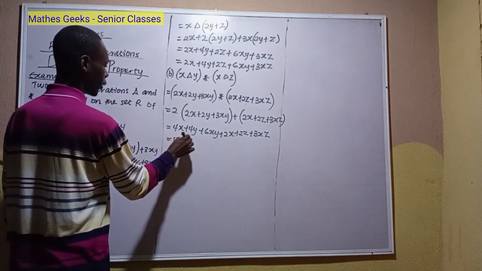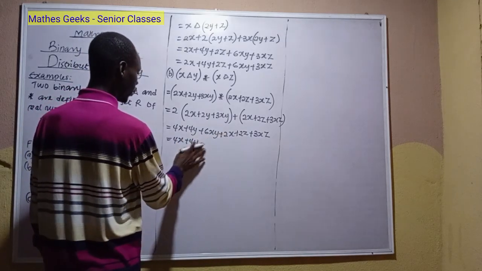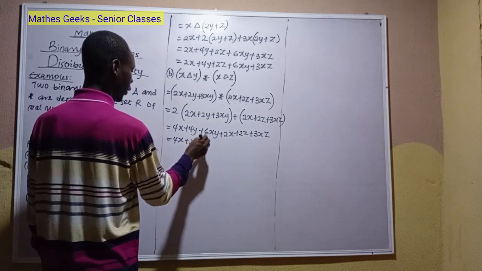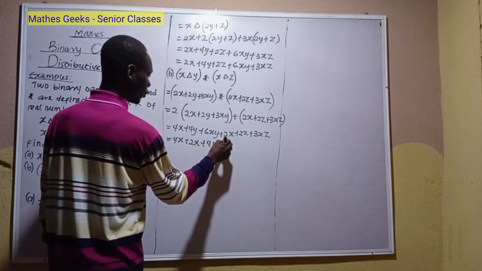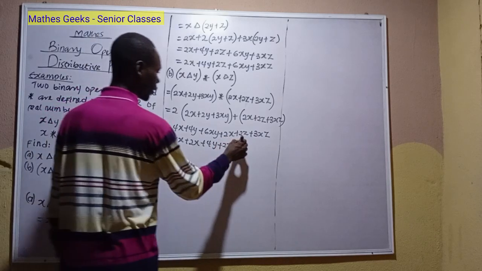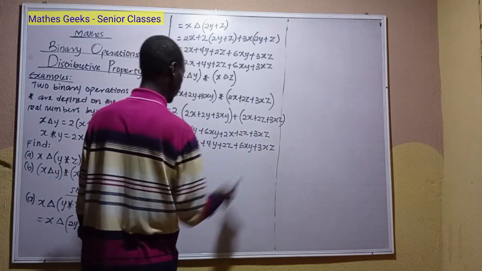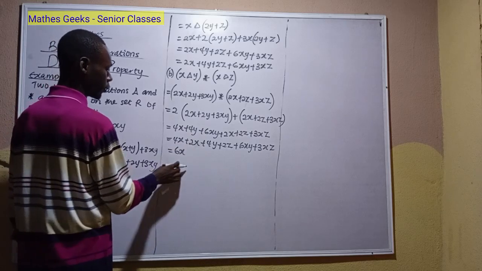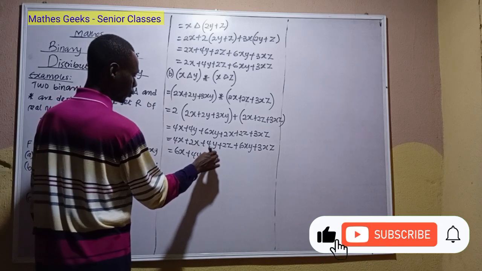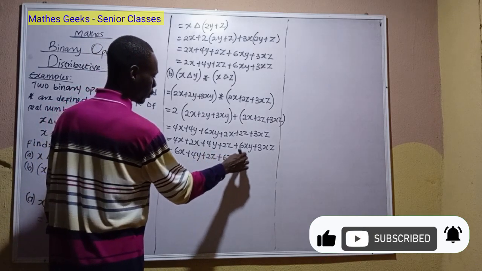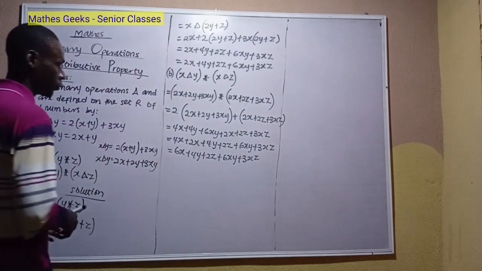This will give us 4x plus 2x, and then plus 4y plus 2z plus 6xy plus 3xz. This is 6x plus 4y plus 2z plus 6xy plus 3xz. So this is our final answer.